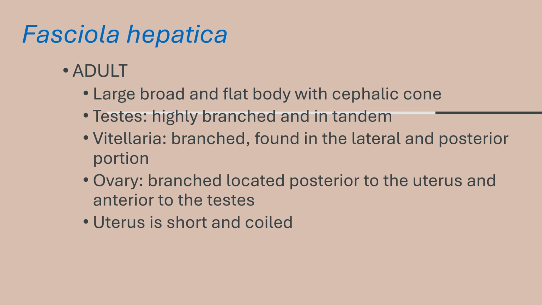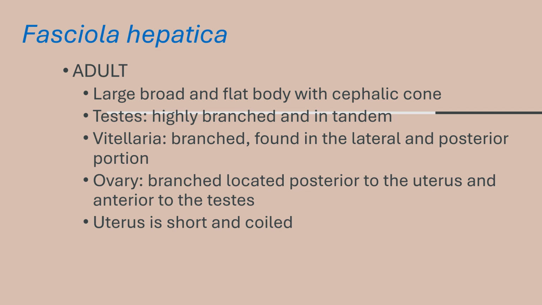As for the adult, it is large, broad, with a flat body and a cephalic cone. Since it has a cephalic cone, it possesses a shouldered appearance. The testes are highly branched and in tandem, and the vitellaria is branched and found in the lateral and posterior portion.